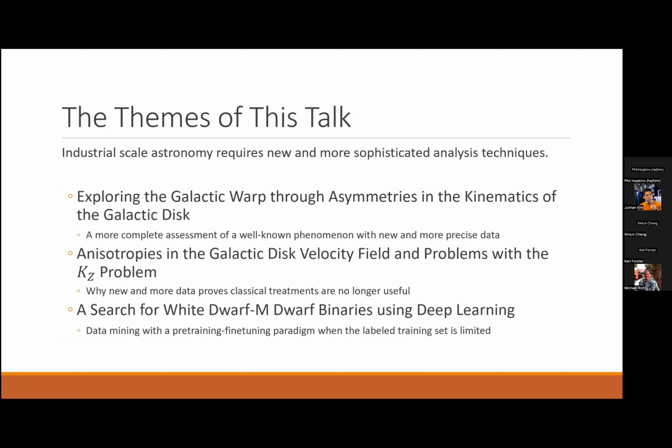I will use this to mention some of the progress we made on a well-known phenomenon with new and more precise data from Gaia. The second project is the galactic disk velocity field and problems with the KZ problem, where I will mention why, with new and more data, classical treatments need some kind of corrections and are no longer useful.